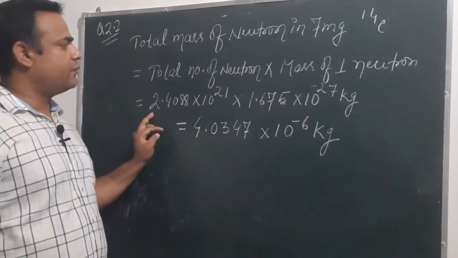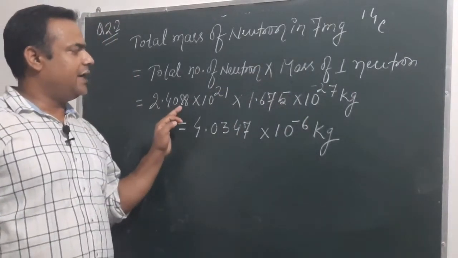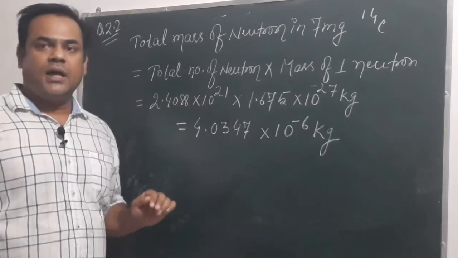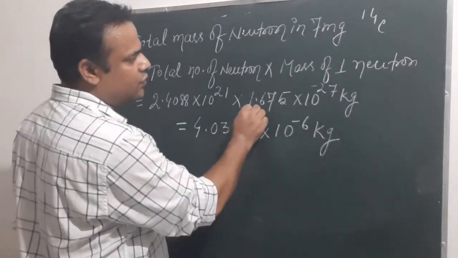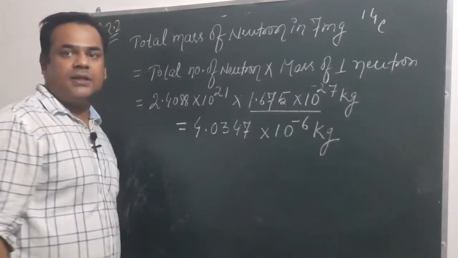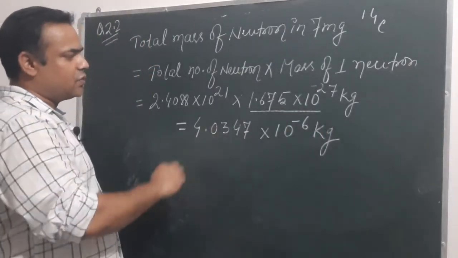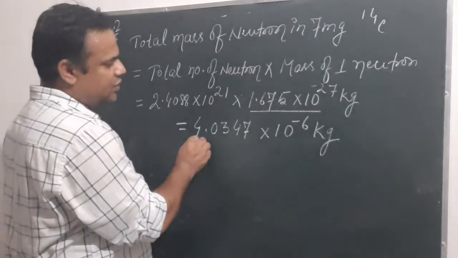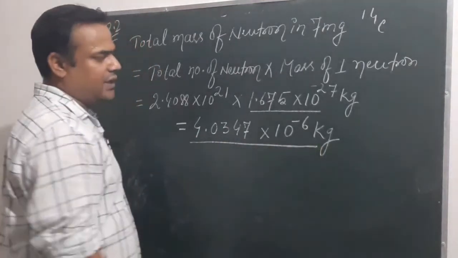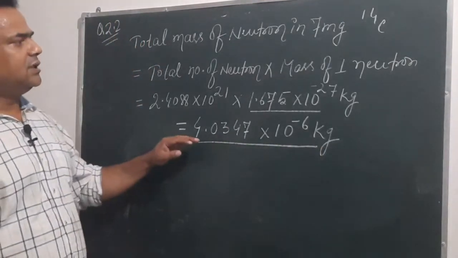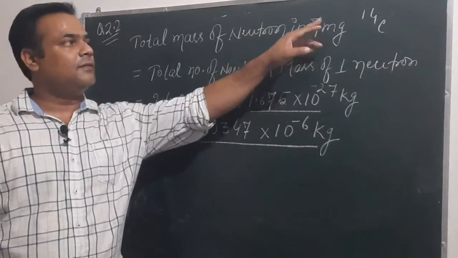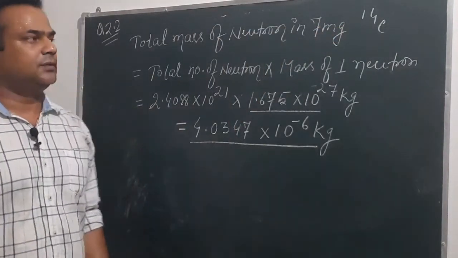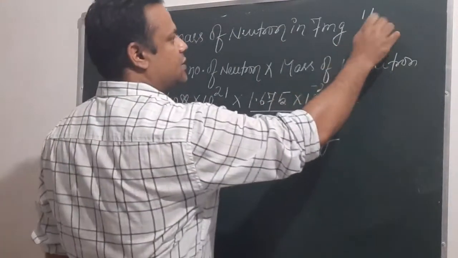So the total number of neutrons is 2.4088 × 10^21, and the mass of 1 neutron is 1.675 × 10^-27 kg. When we solve this, we'll get 4.0347 × 10^-6 kg. This will be the total mass of neutrons in 7 milligram 14C.